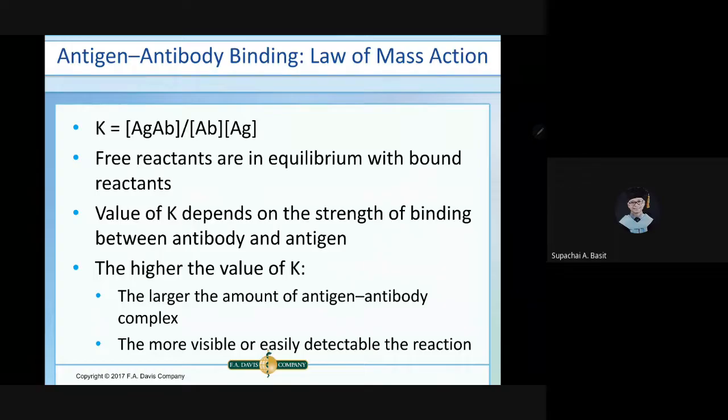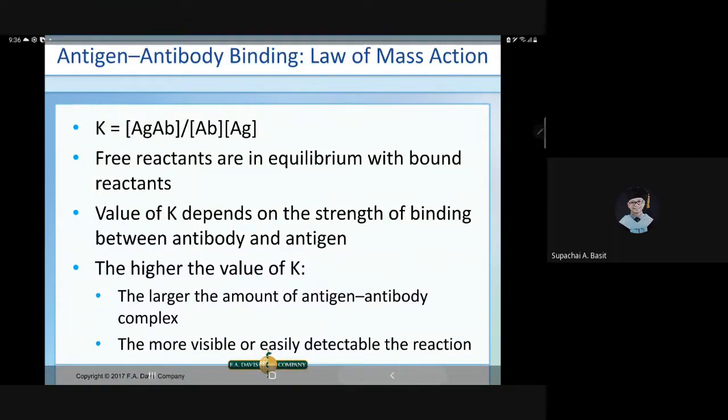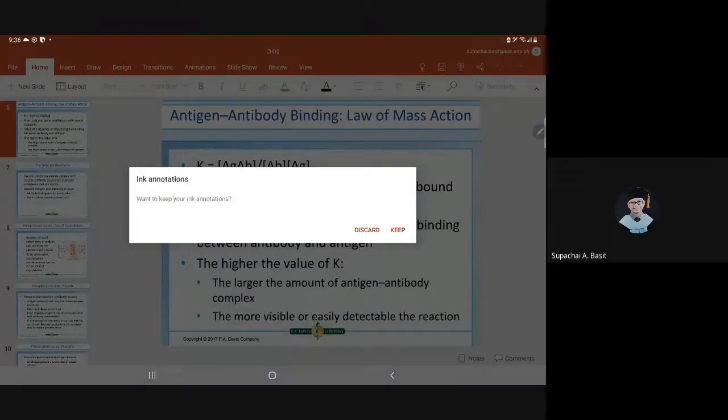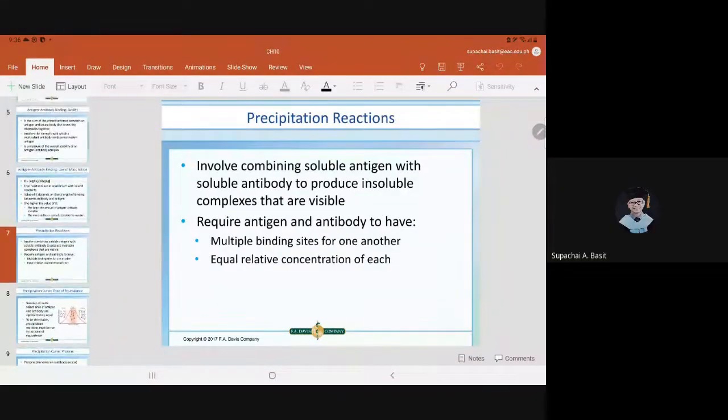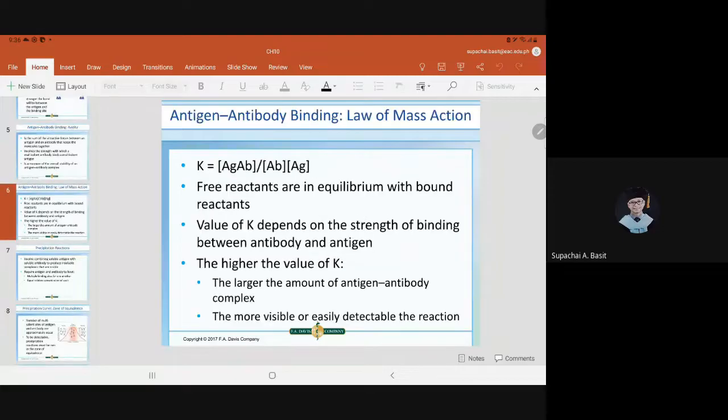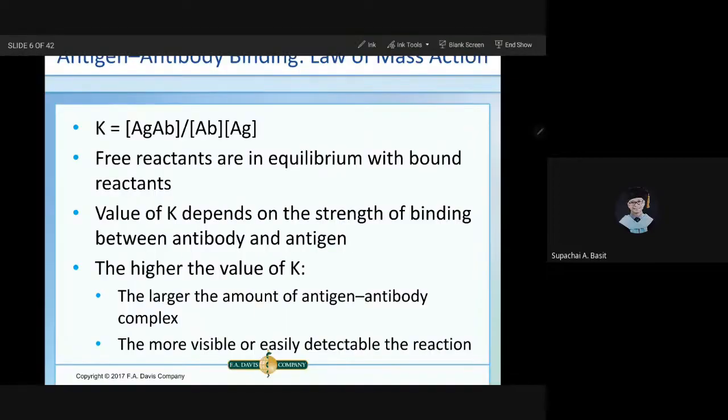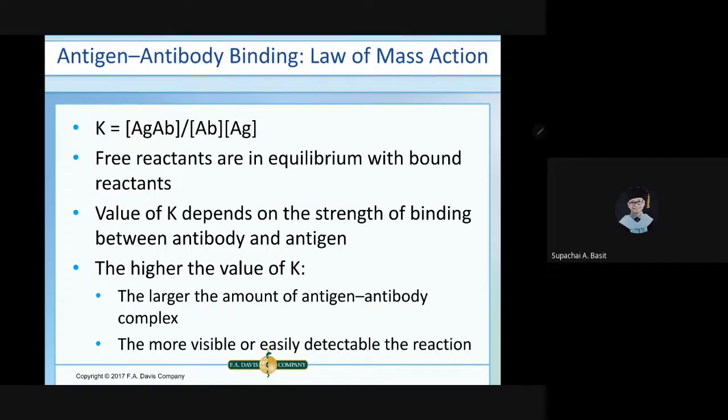Okay, so the antigen-antibody binding complex follows the law of mass action. Free reactants are in equilibrium with bound reactants.